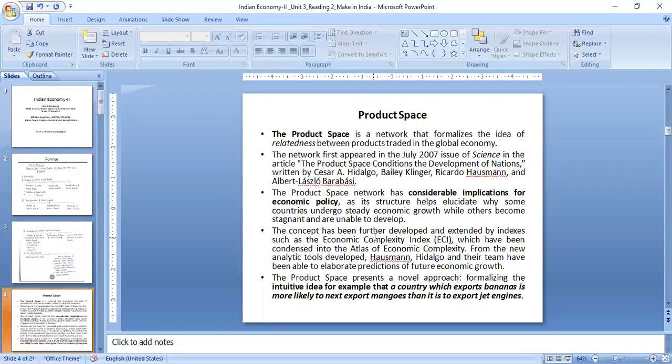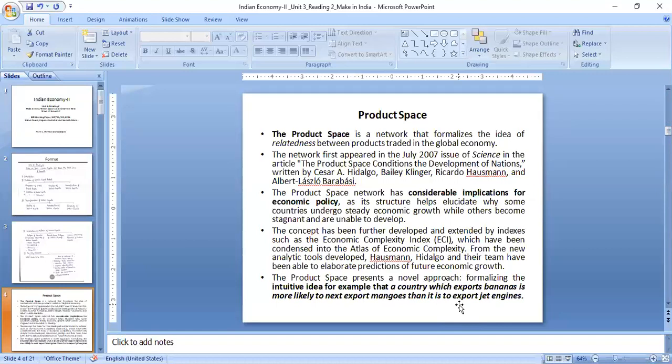This concept of product space has also been used by indices like the Economic Complexity Index, which has been condensed into the Atlas of Economic Complexity. To put it in very simple terms, it's trying to formalize the intuitive idea that a country which is presently exporting bananas is very likely to next export mangoes rather than exporting jet engines.